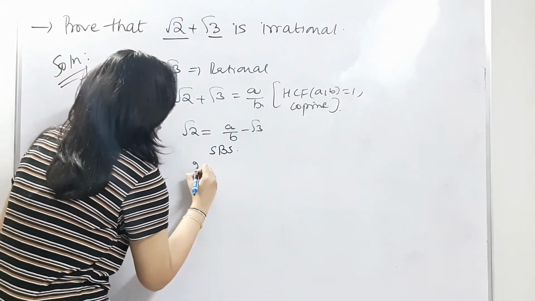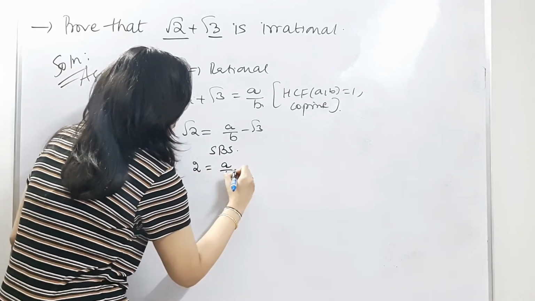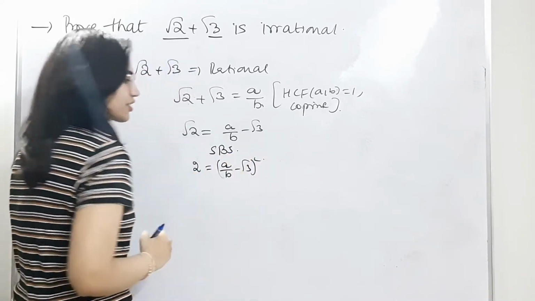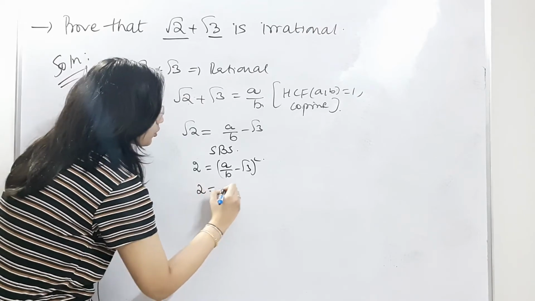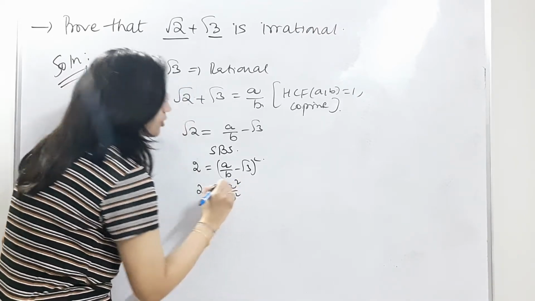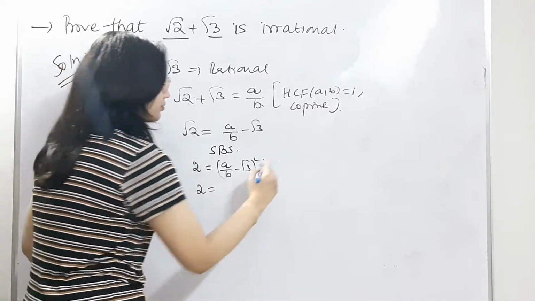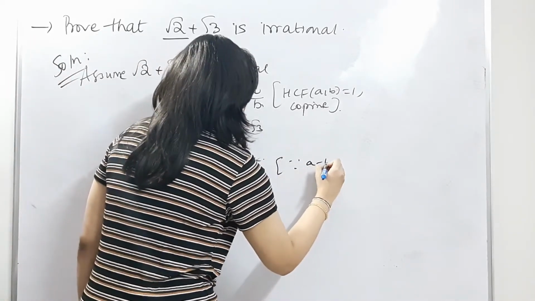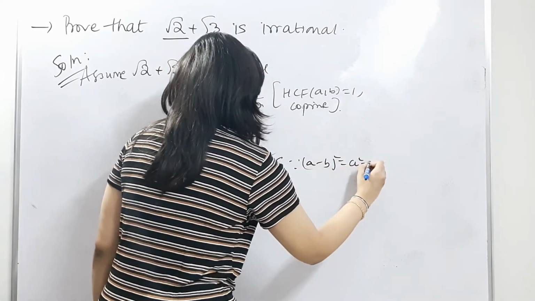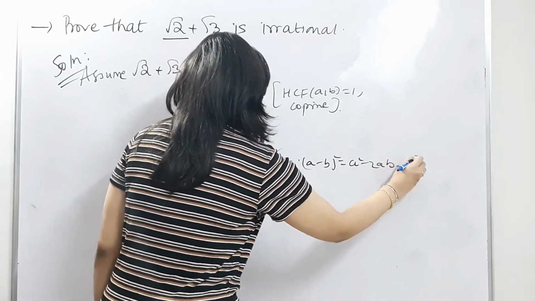Now in this equation, after squaring on both sides, we get this as the result, first step, right? So 2 is equal to, can we not say this in the form of a minus b whole square? A minus b whole square is equal to a square minus 2ab plus b square, right?